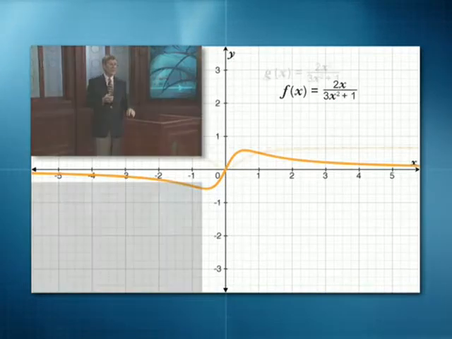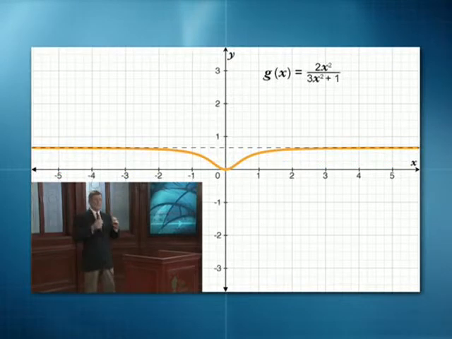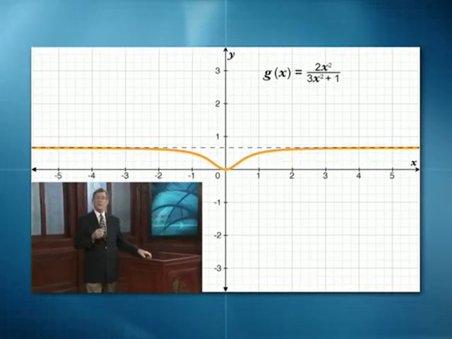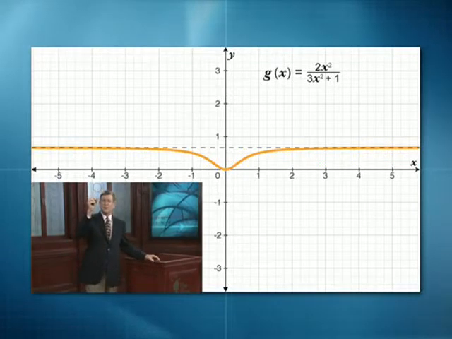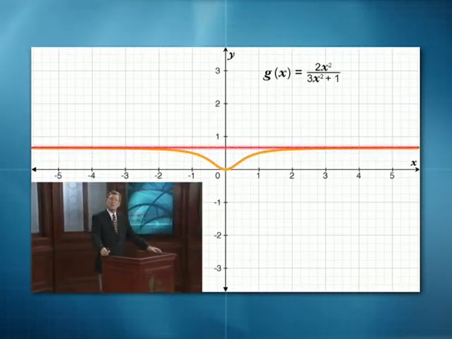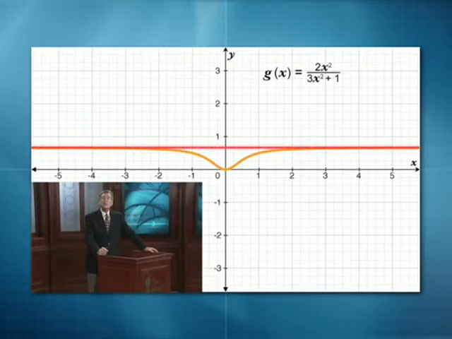Well, here's a related function, 2x squared over 3x squared plus 1. The only change now is the numerator is 2x squared. What's the situation now? Well, now it has a horizontal asymptote at y equals 2/3. Now, why is that true?